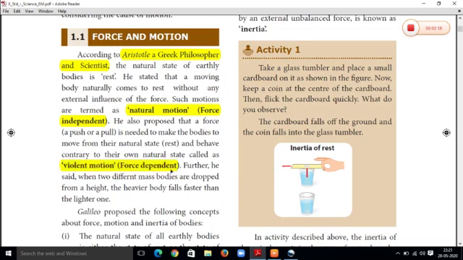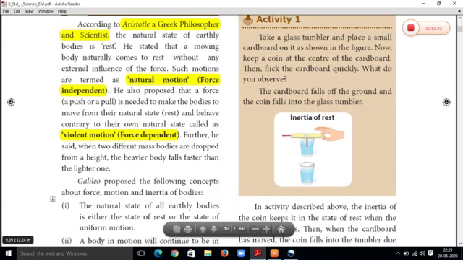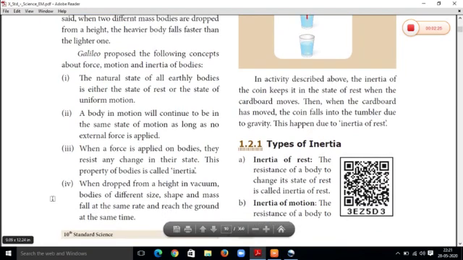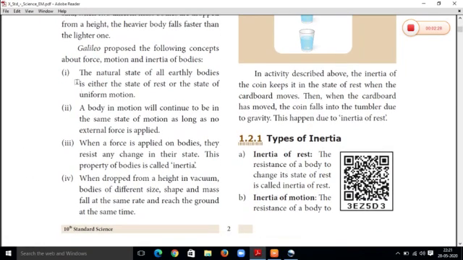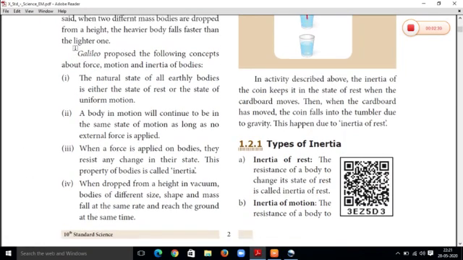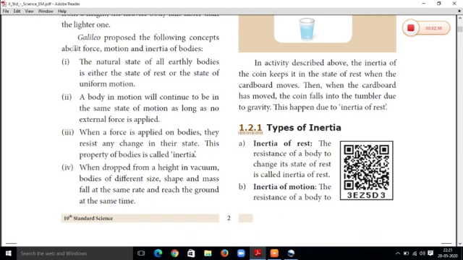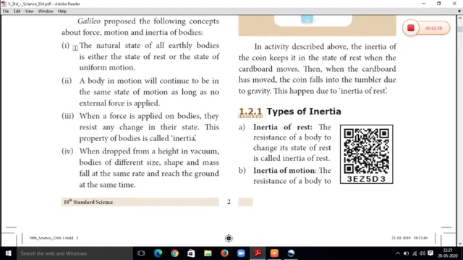Further, he said that when two bodies of different mass are dropped from a height, the heavier body falls faster than the lighter one. For example, when we drop a coin and a feather from a height, the heavier body, the coin, falls faster than the lighter body, the feather. Galileo proposed the following concepts about force, motion and inertia of bodies.